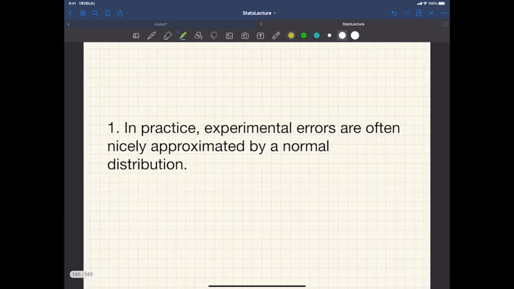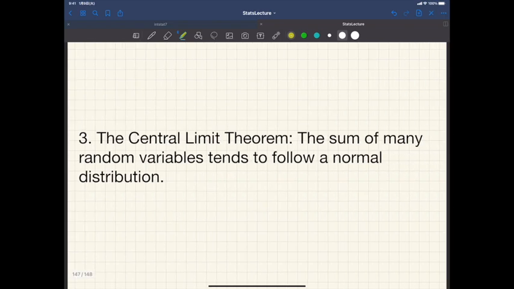The first reason is, in practice, experimental errors are often approximated by a normal distribution. So if you do any experiments, experiments always contain errors. Errors are nicely approximated by normal distributions.